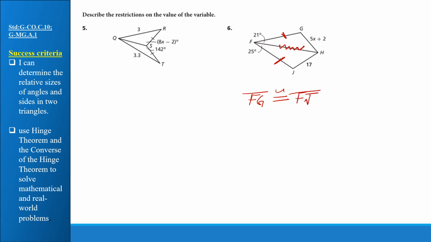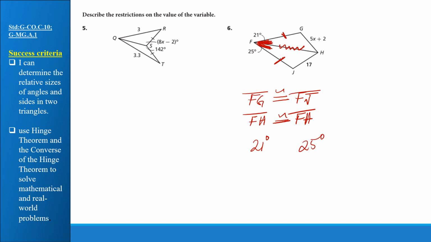That means FH is congruent to FH. Now you have to see what is the included angle. So the included angle is this one, that is 21 degrees. And the other included angle is this one, that is 25 degrees.